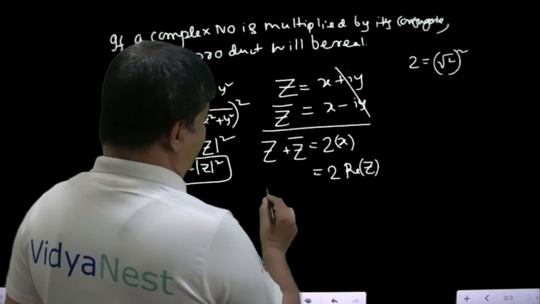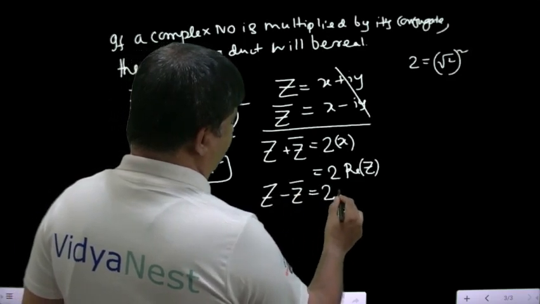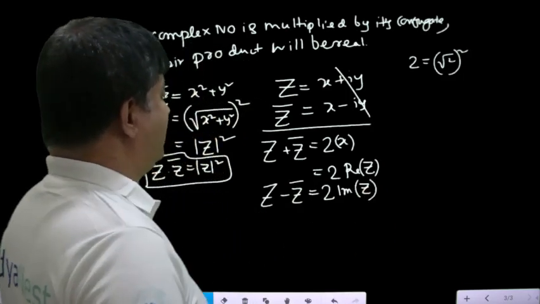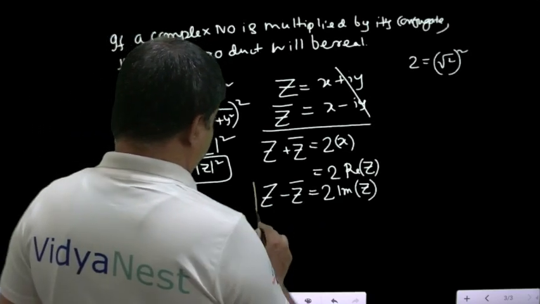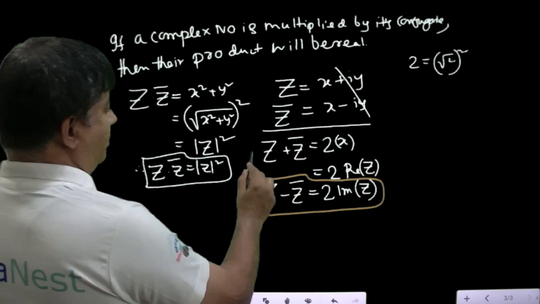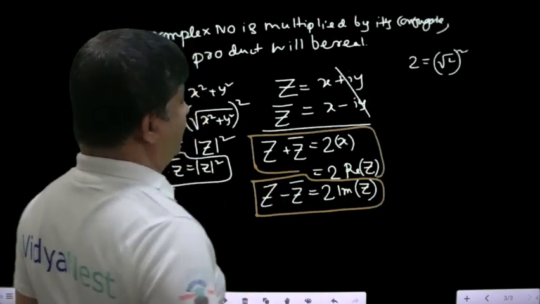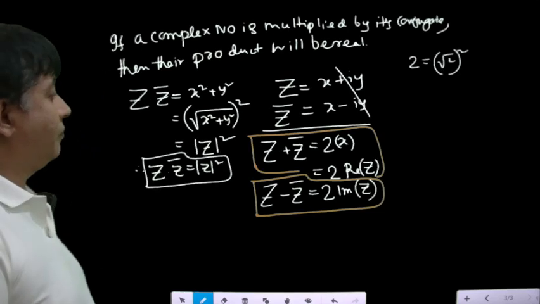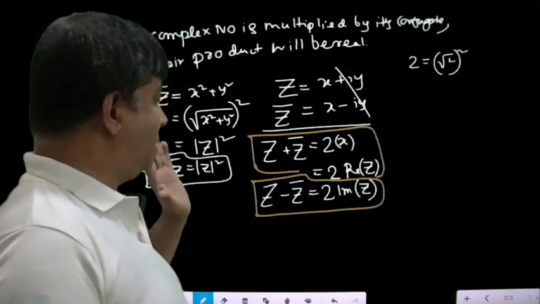And if you subtract, z minus z bar is twice i times imaginary z. Hope up to this stage you could follow.